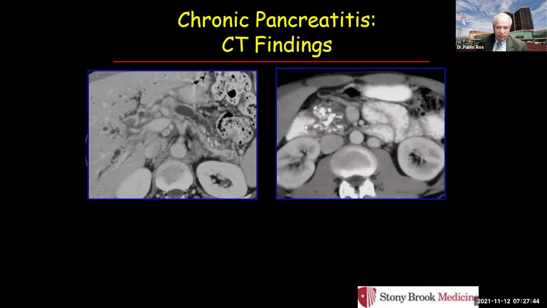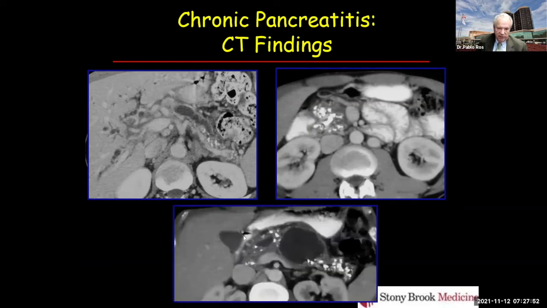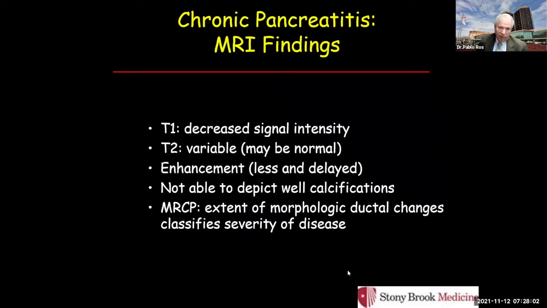You can see the ampulla enlarged here, or severe pancreatic atrophy with marked pancreatic duct dilatation and calcifications in the tail of the pancreas. Here, another complication that we mentioned is pseudocyst formation and dilatation of the pancreatic duct in a case of acute pancreatitis.